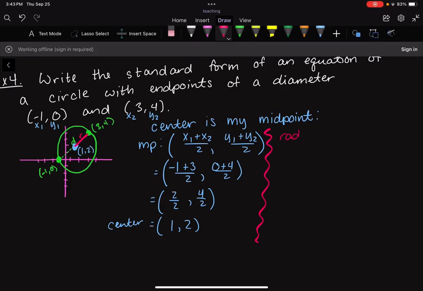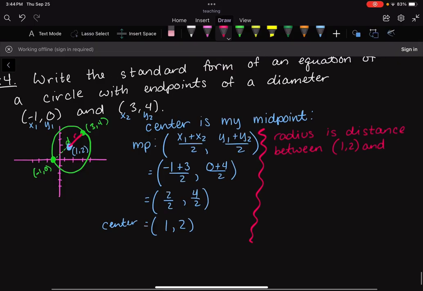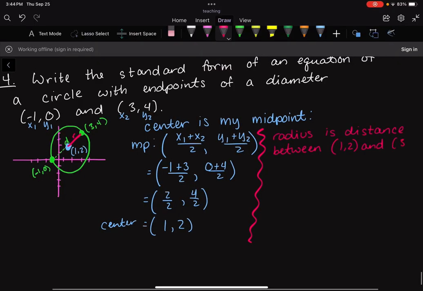So radius is the distance between the center point, which is 1, 2, and either of the other points that we got, but I'll just say 3, 4. So these are now my x1, y1, and my x2, y2 for when I do my formula.